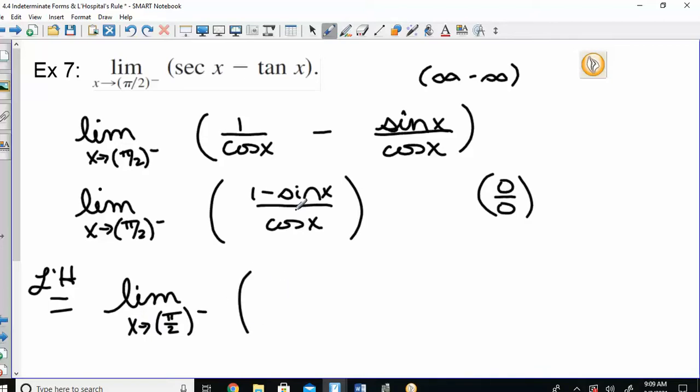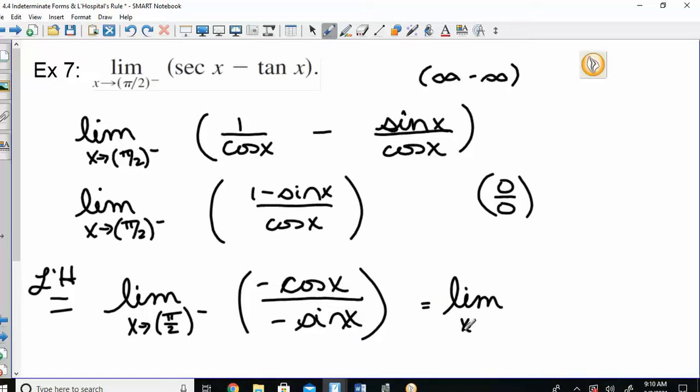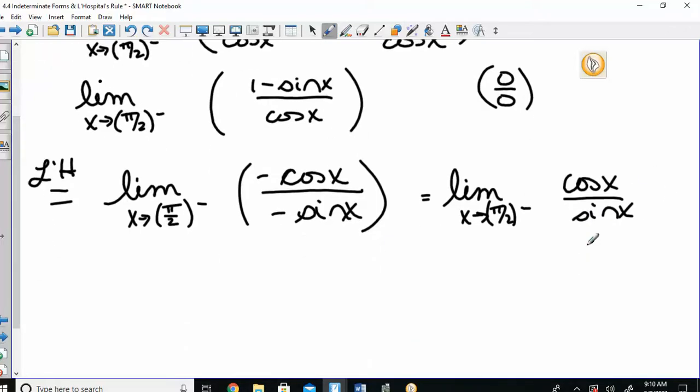Derivative of 1 minus sine x is negative cosine x, over derivative of cosine x, negative sine x. Okay, those negatives cancel. Can we evaluate? What is the cosine of pi over 2? 0. What is the sine of pi over 2? 1. And 0 over 1 is 0.